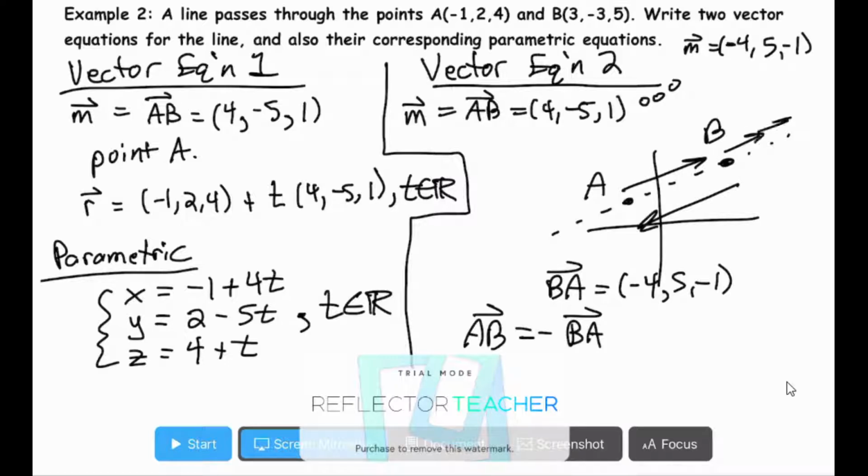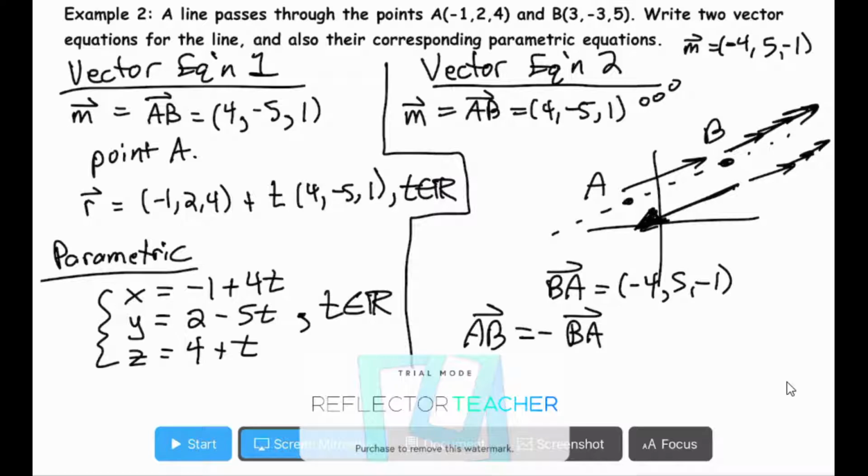It's just that right now, when t is positive, I move this way. But if my direction vector was this value, I would have t negative to move this way. So it doesn't matter. It's all relative. The parameter is just some scalar quantity. Also, it can be any multiple of that vector. It all defines the same line. We're still moving in the same direction.